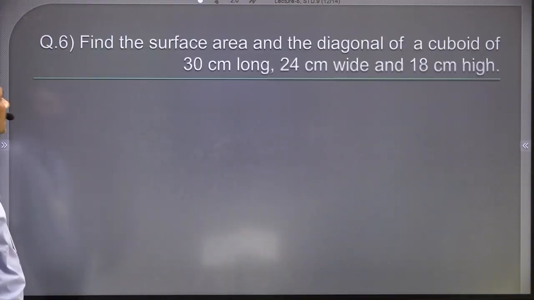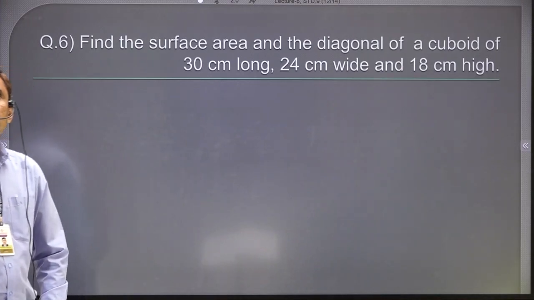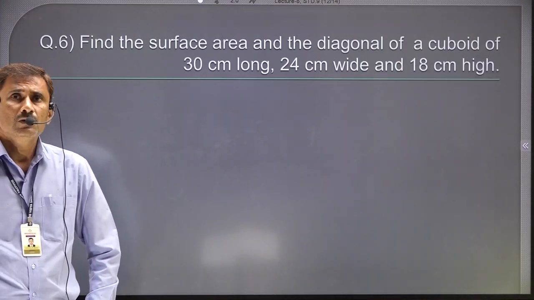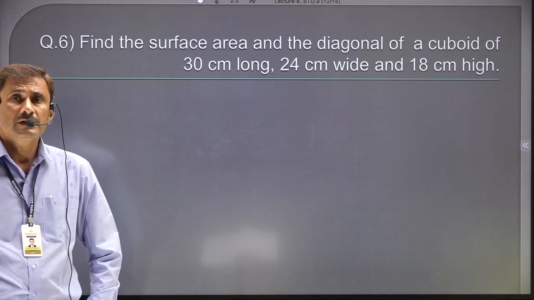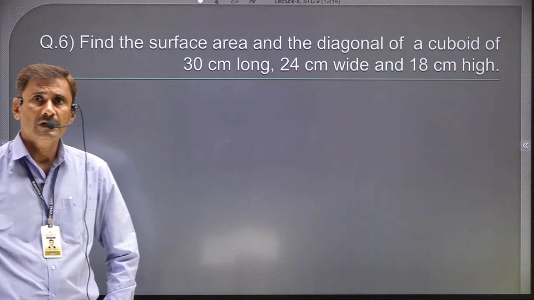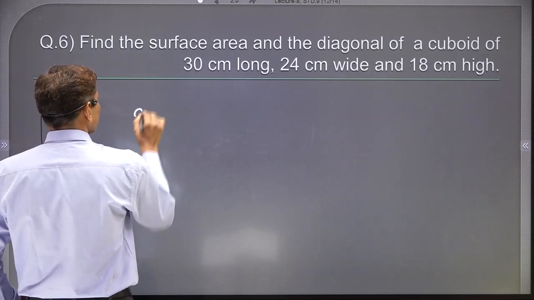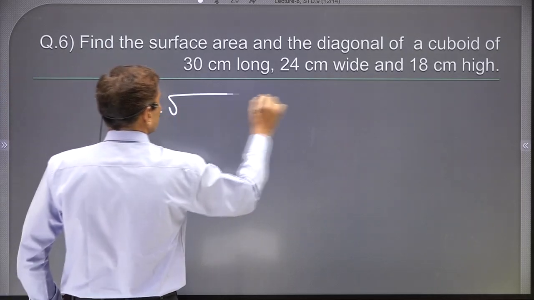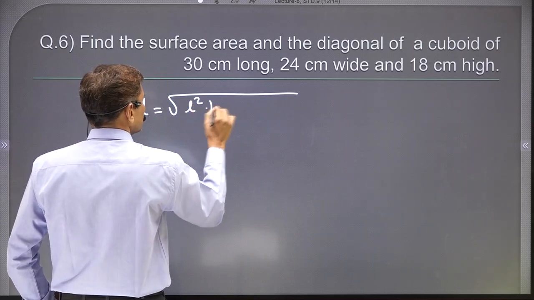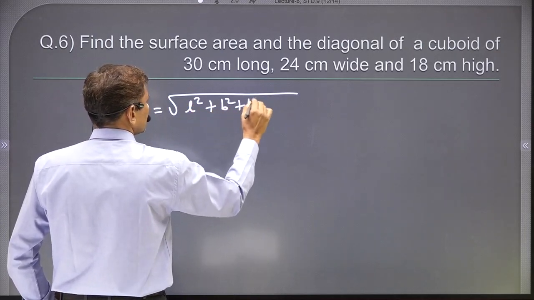Next, find the length of the diagonal of a cuboid of 30 centimeter length, 24 centimeter width and 18 centimeter height. So the length of the diagonal equals the square root of L square plus B square plus H square.